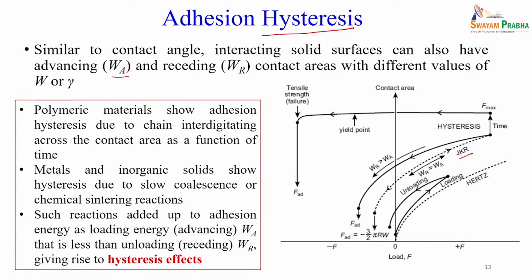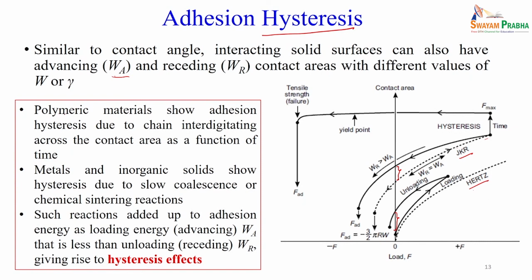This is the line it follows for advancing, but when it comes to receding, there is a difference in the contact area. The same we can observe for the Hertz layer as well. So, this difference in the contact area suggests there is a hysteresis, and this hysteresis indicates that there is some deformation at the interface.